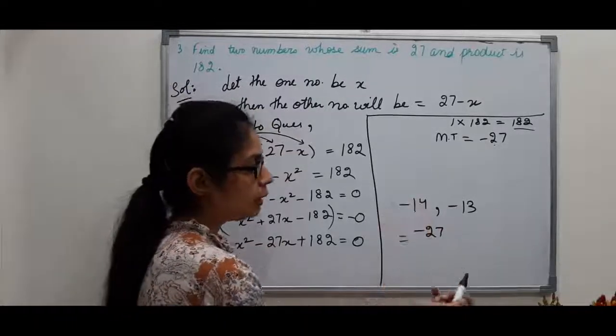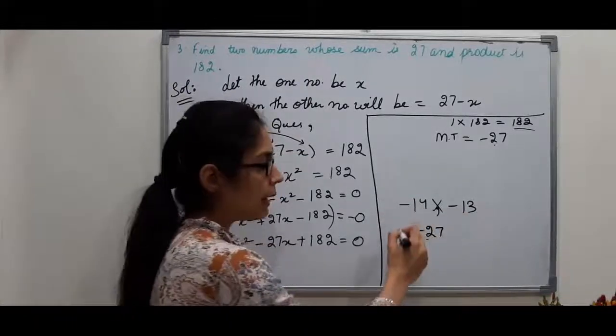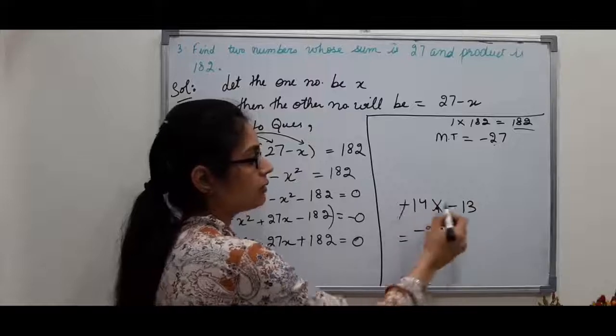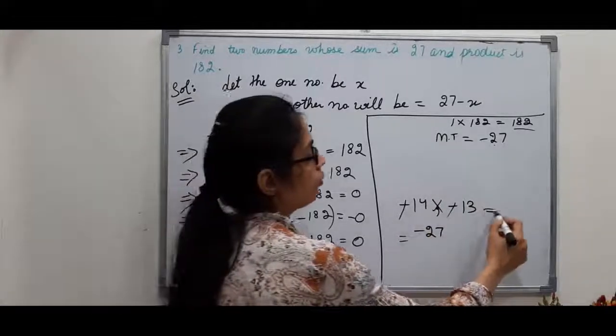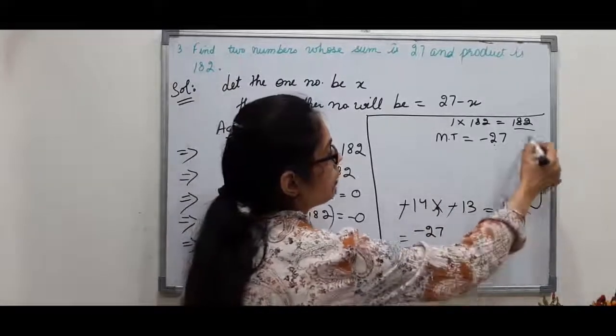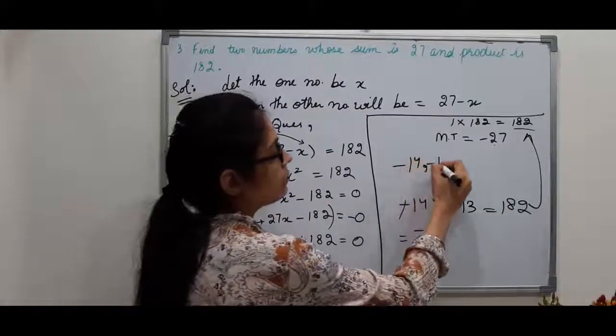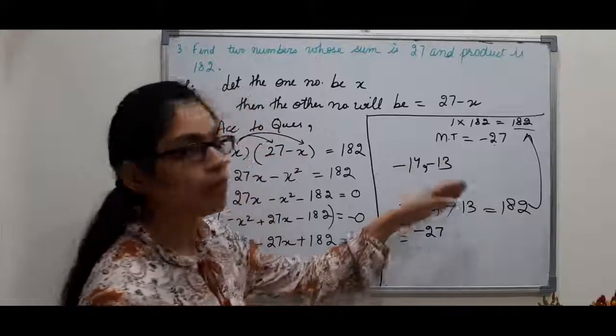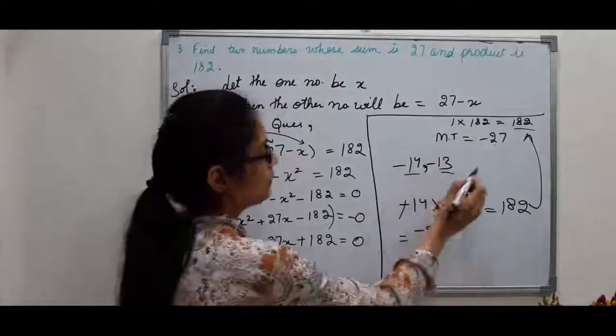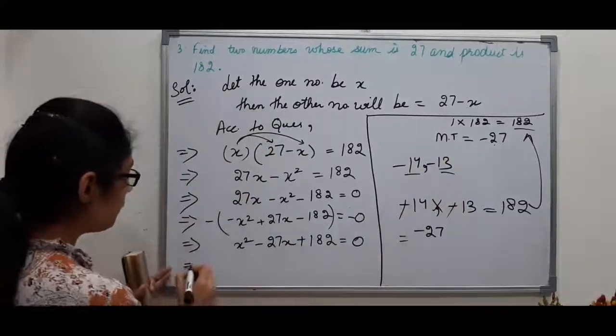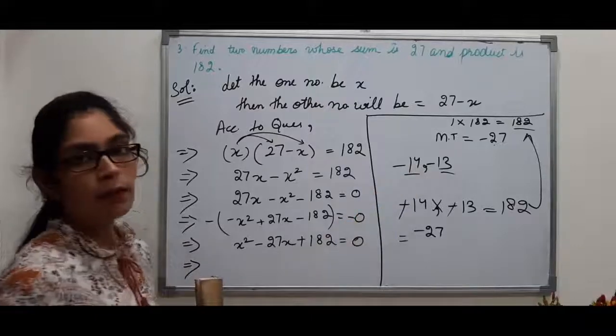And let's take for multiplication also. If you multiply minus 14 with minus 13, minus and minus will get cancelled and you will get 182, which is equal to this. Now we can see minus 14 and minus 13 fulfill the requirement, so we will choose these two numbers.